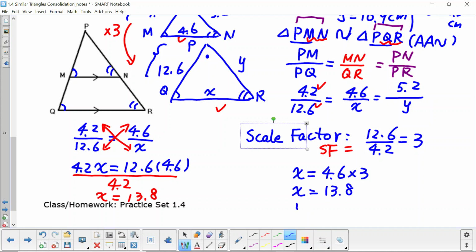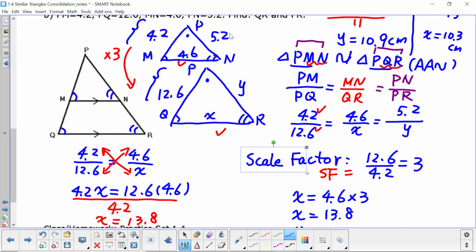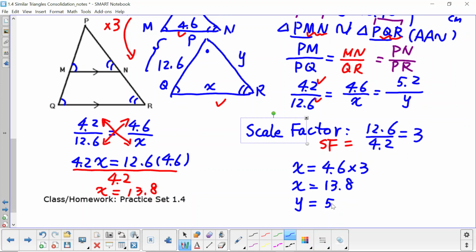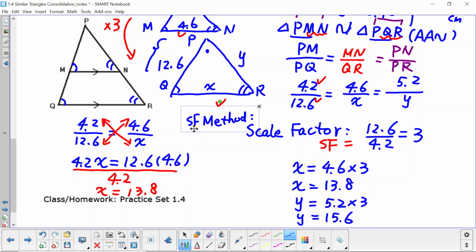And for the y, it's just this side, 5.2 times by 3, you will have y equals 15.6. So this is called the scalar method. So it's another method you could use, okay? Scale factor method.